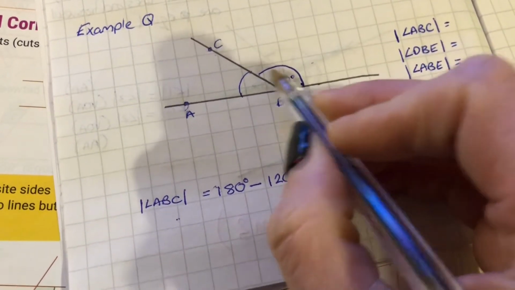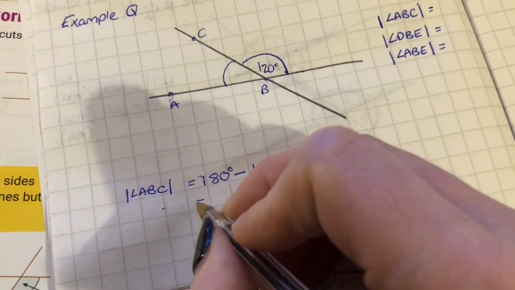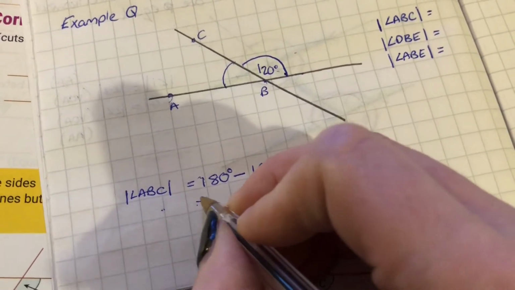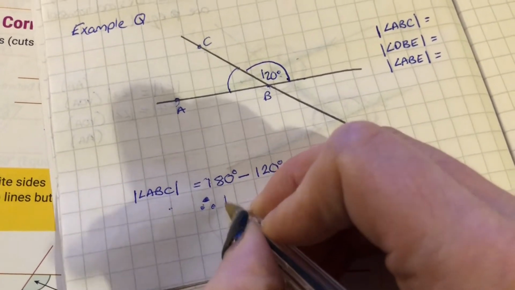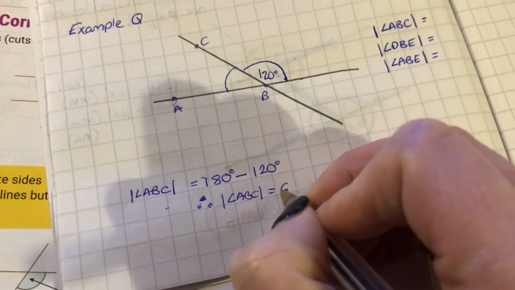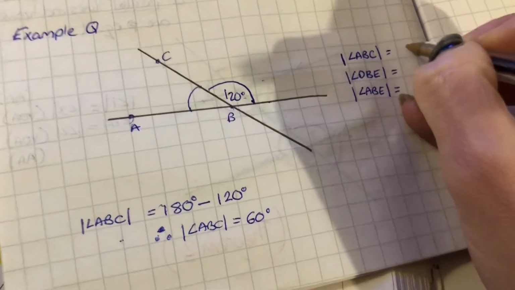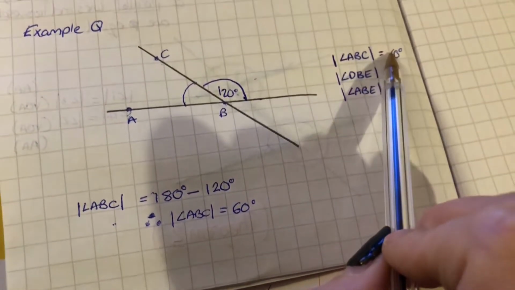That's this bit here, which we need to remove. And therefore, using our three dots for 'therefore', the measure of angle ABC is 60 degrees.